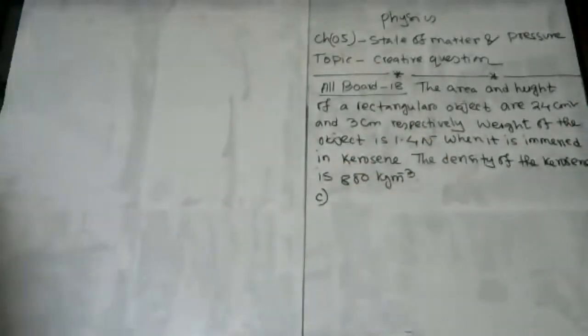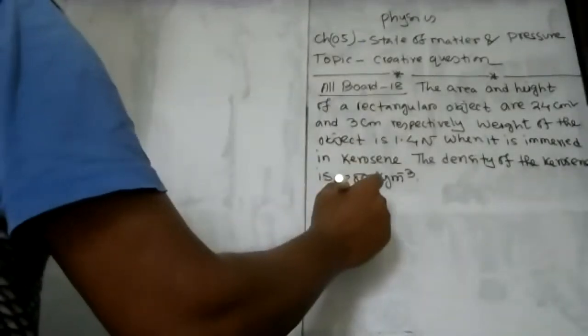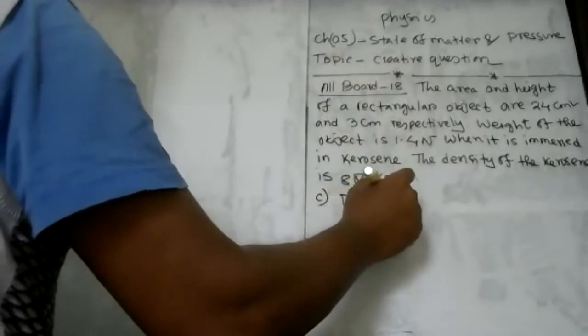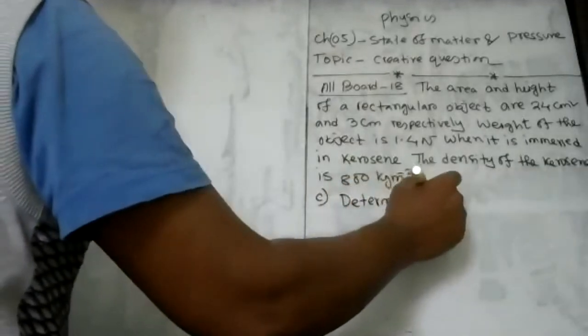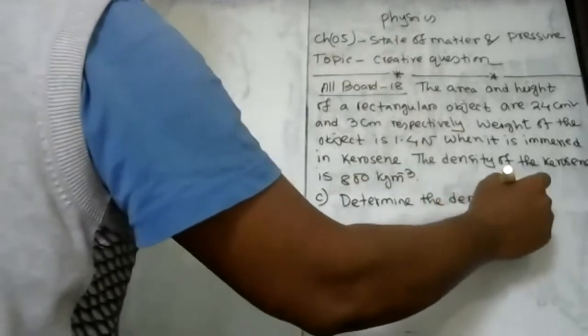Question number C: Determine the density of the object.